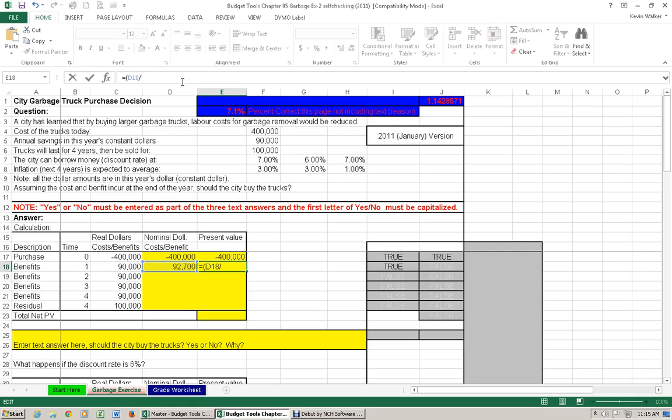I want to divide that number by this discount rate. But again, this would be 7% of the number. So I actually want this to be 107%. So open a parentheses, 1 plus that number.